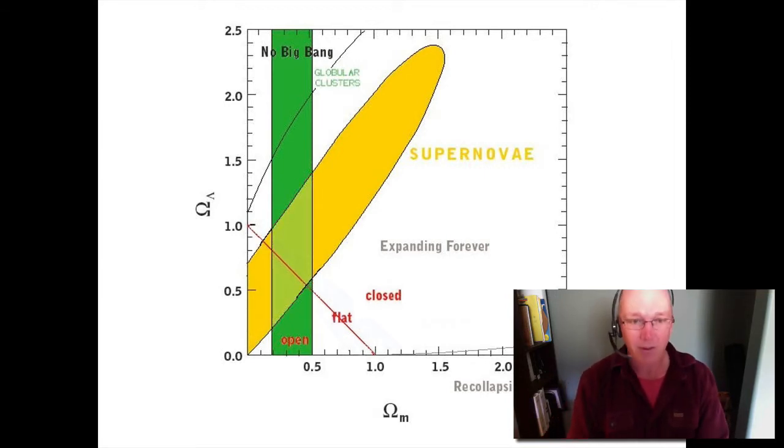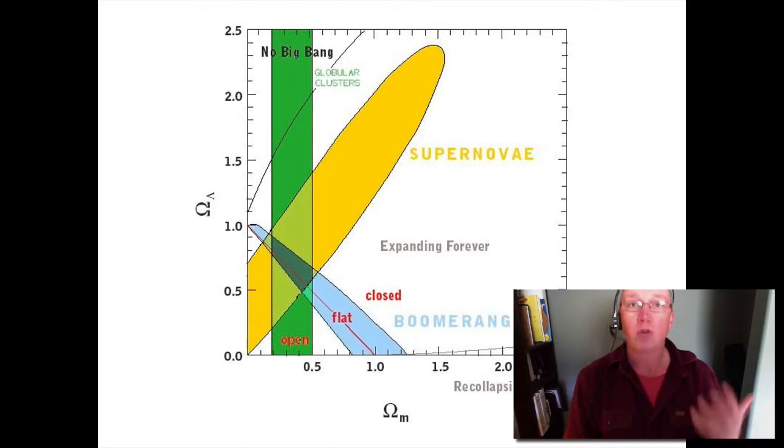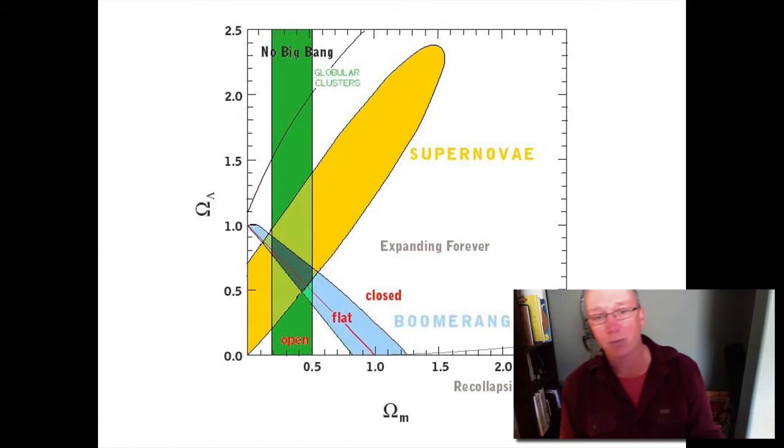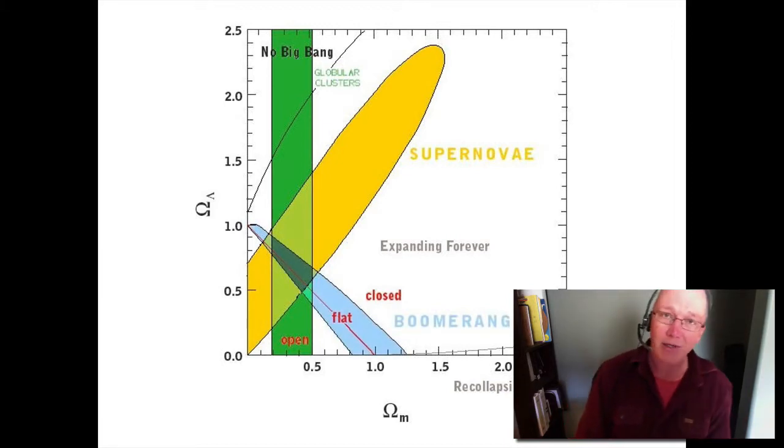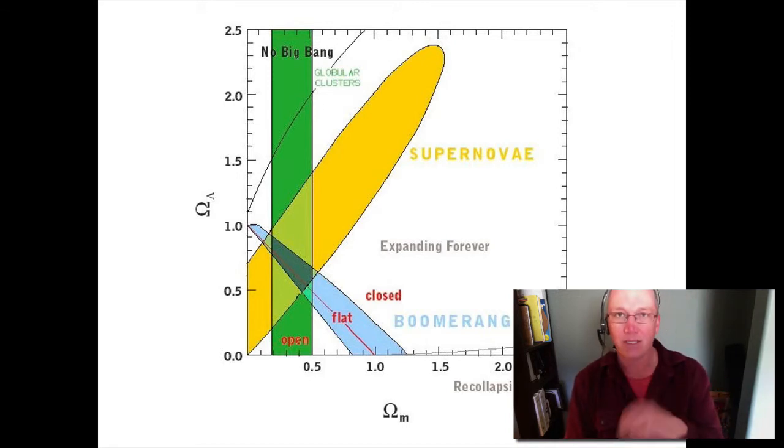So we've done other experiments. We've looked at Boomerang, a cosmic microwave background experiment, which limited us to a flat universe based on observations of the cosmic microwave background. We've done further experiments with WMAP, which constrain that even further.